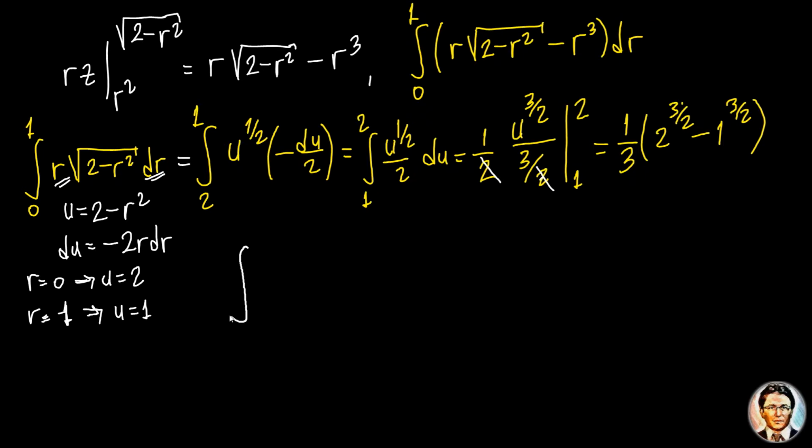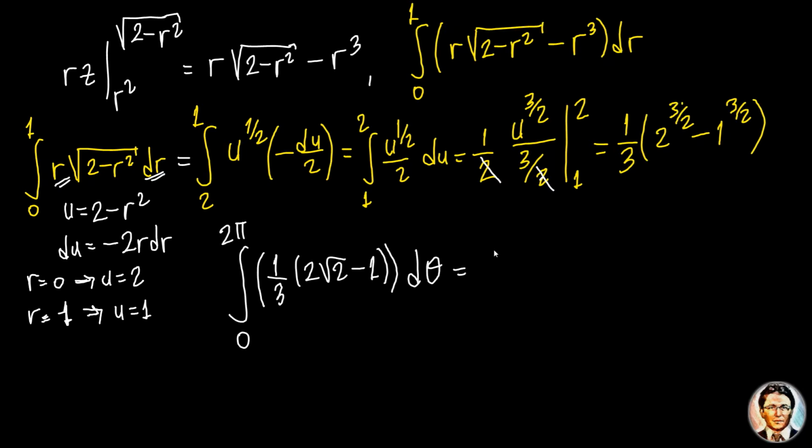If I continue with the next one, the result of the integral with respect to r is 1 over 3 times 2 square root of 2 minus 1, and we will integrate this with respect to theta. Theta is from 0 to 2 pi.